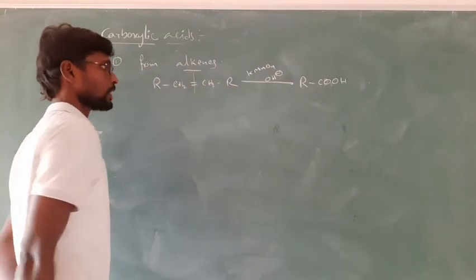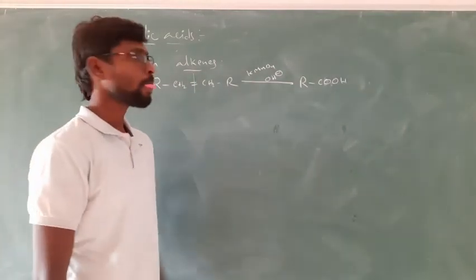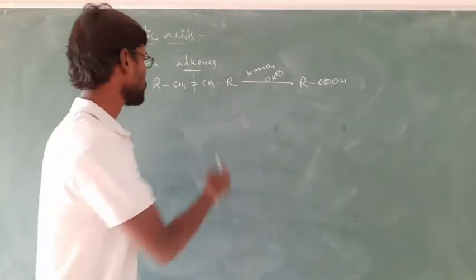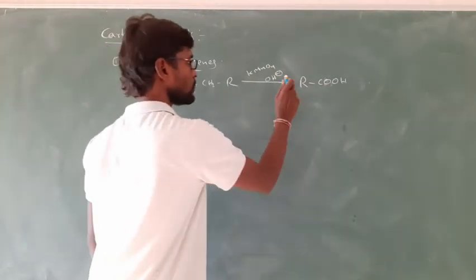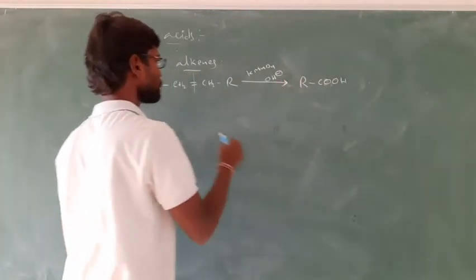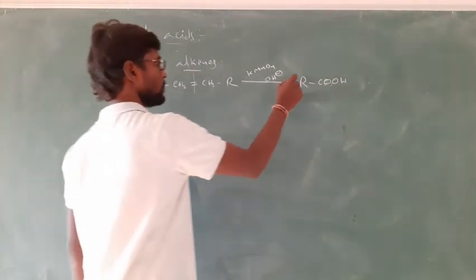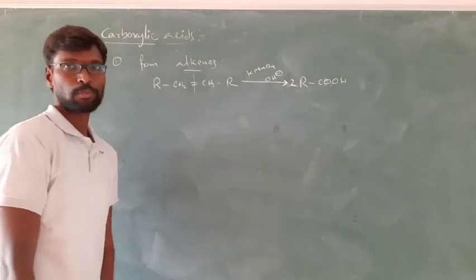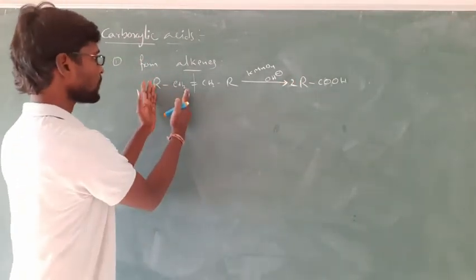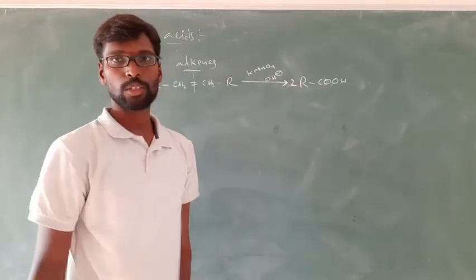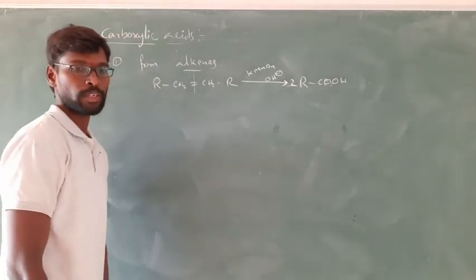Whatever bonds are there, all get cleaved into carboxylic acid. So here we get 2 moles of carboxylic acid: one RCOOH and another RCOOH.